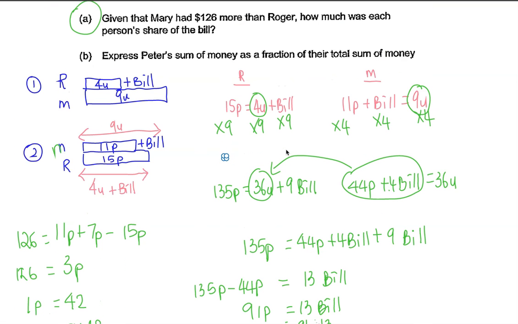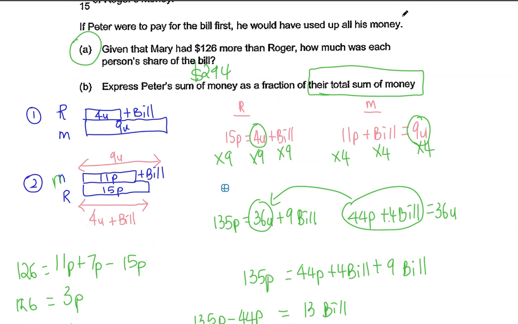Now if we know that Peter is 294, we need to find the total sum of money for the 3 of them. All right, so we need to find how much Roger has, Mary has, as well as Peter.